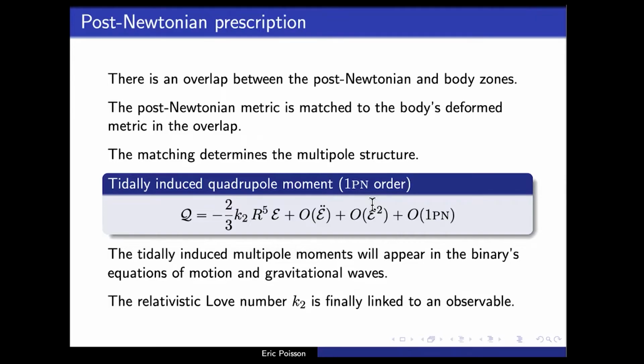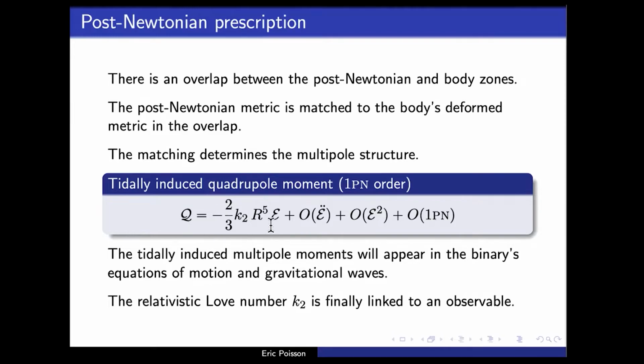So it's a bit of a mess of a calculation, but the important aspect of this is that the relationship that we had in Newtonian theory is now emerging, but it's emerging with a very different interpretation where the k2 is fully relativistic and the multipole moment, the quadrupole moment here, is defined in this post-Newtonian way, in a proper way, in this dynamical space-time.